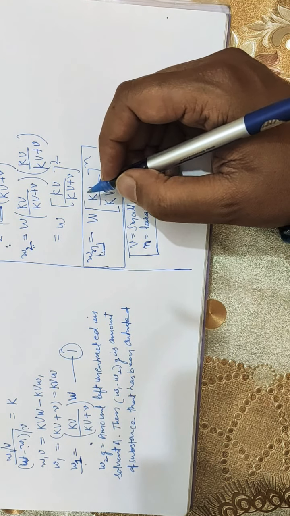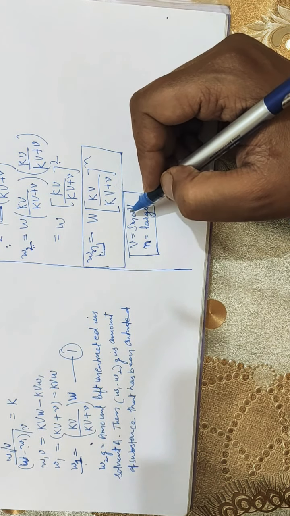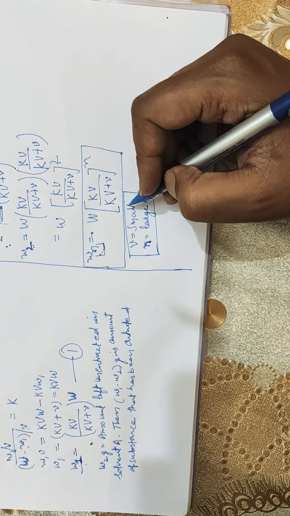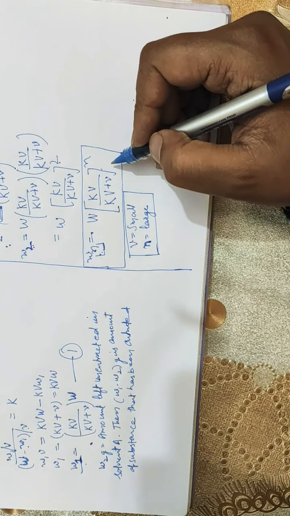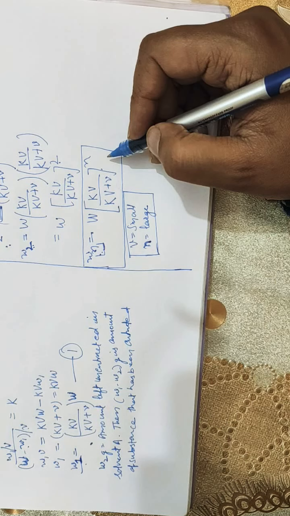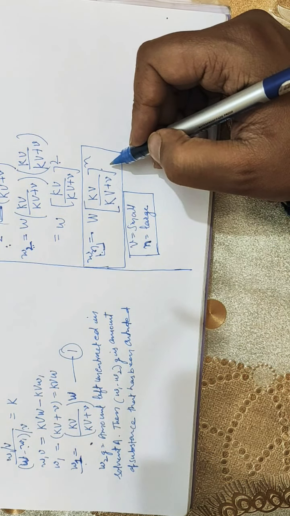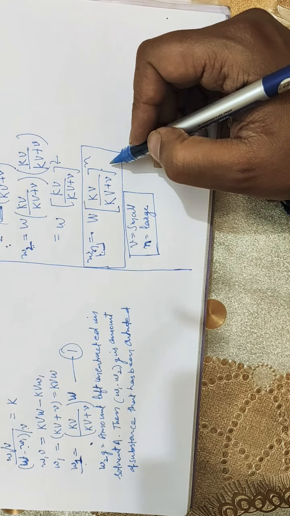Hence the factor kV over kV plus v is lesser than 1. So therefore factor kV over kV plus v raised to power n will be least for the greater value of n. Hence the efficiency of the extraction increases by increasing the number of extraction using only a small amount of extracting solvent each time.